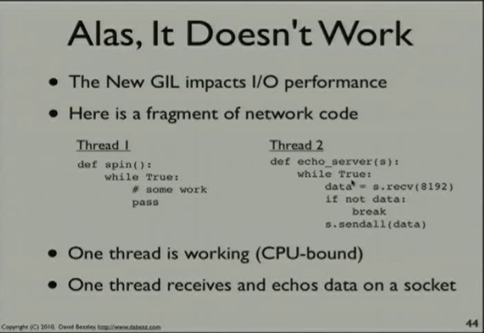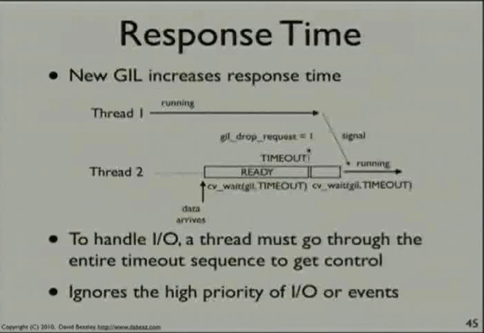And let's say you have another thread that's doing networking, in this case an echo server. A scenario to think of here is that you're trying to overlap CPU processing and I/O in some way. This is a very common parallel computing thing where you're churning on some kind of problem, but receiving I/O messages in the background. It turns out that there's some subtle bad behavior of that with this new GIL.